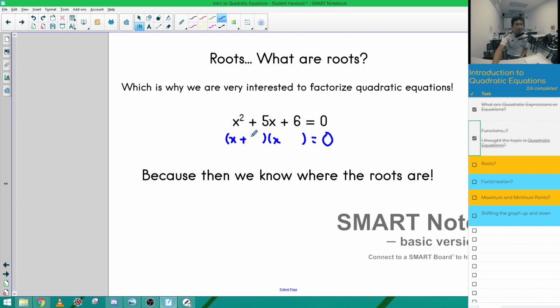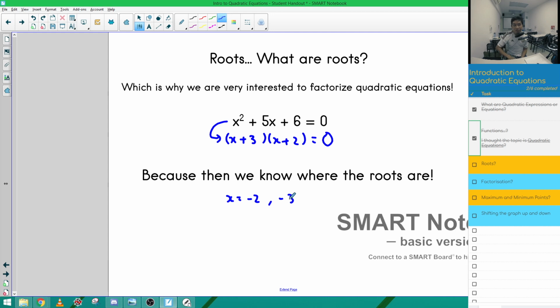This is actually x plus 3 into x plus 2. Once I factorize this quadratic, I've broken it down into its linear components, and I can tell you that it has roots at x equals -2 and -3. That is very, very useful. Factorization is really useful because it tells us where the roots are.